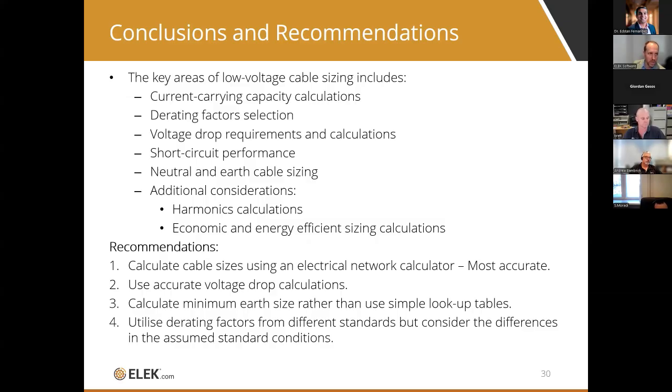It's better to model your switchboards and your electrical network because the fault level and voltage drop calculations are a little bit more accurate, as they consider your electrical network. We have an electrical network calculator which automatically sizes cables based on your network configuration. Use accurate voltage drop calculations. Calculate minimum earth size rather than using simple lookup tables.